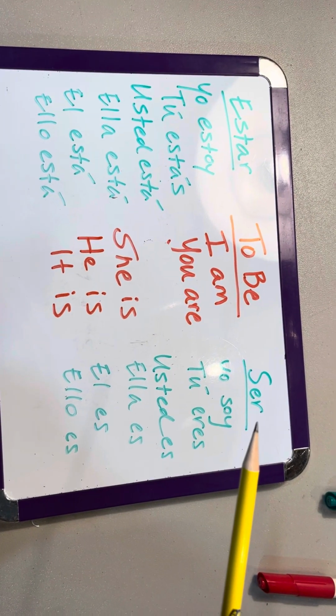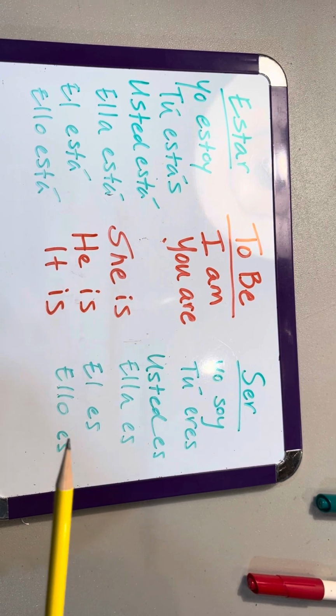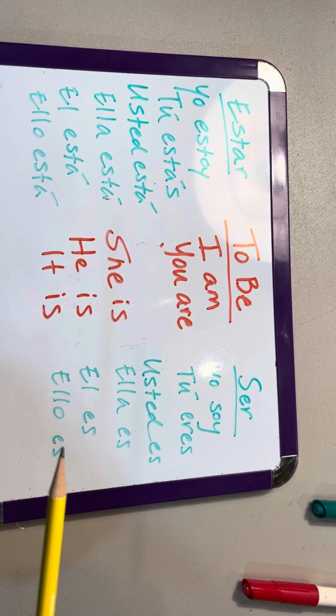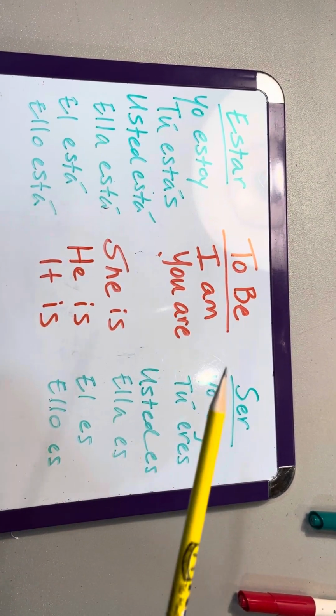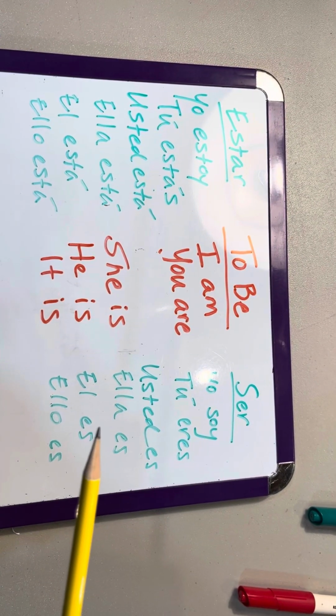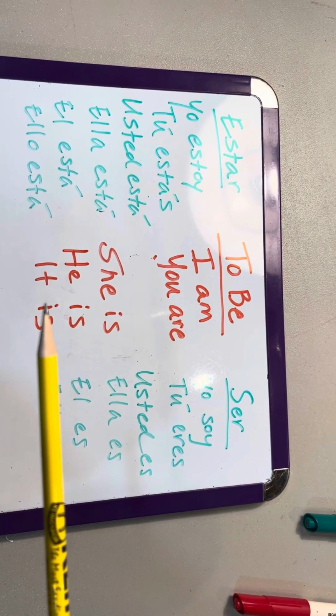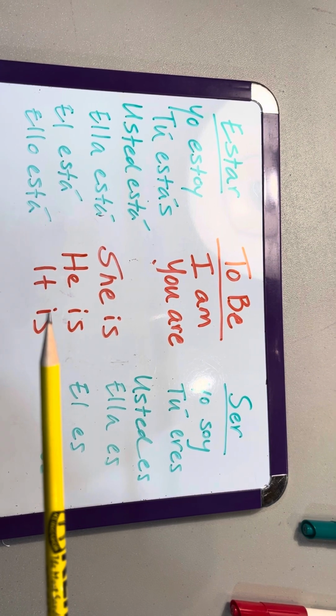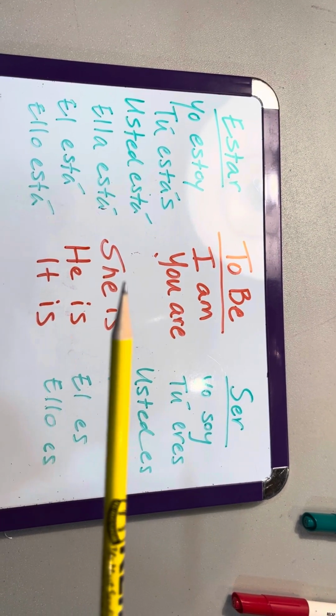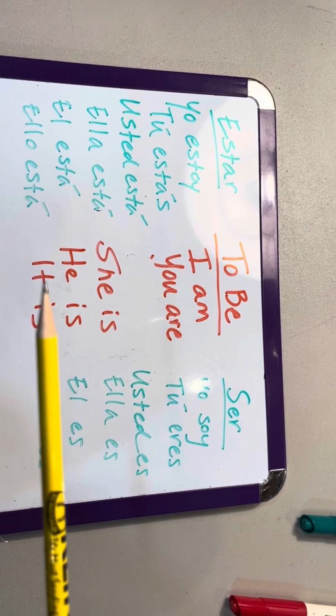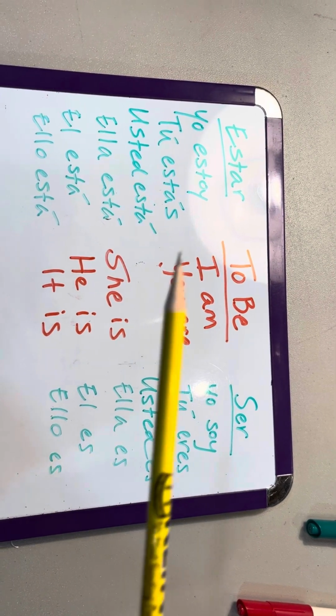But ser is quite completely irregular. So we're going to focus on the first three persons, the singular persons: I, you, she, he, it. All right, so let's break these down.